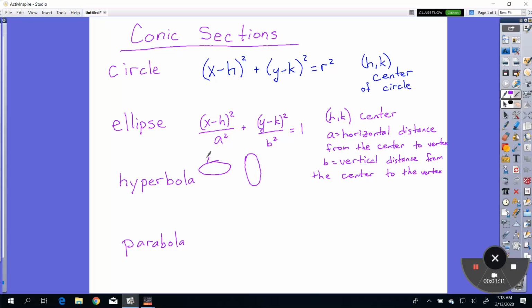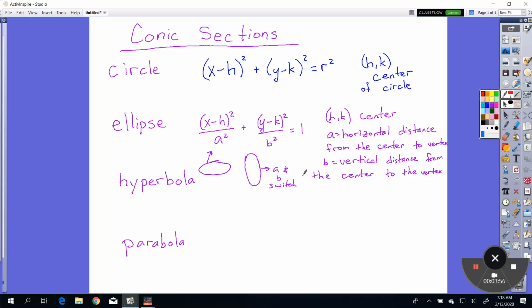So this is like what we have up here with A being the major one. If it's like this, A and B switch. And so then, I don't know why they do that, but they'll write it that way. So we'll graph some of these in a little bit.